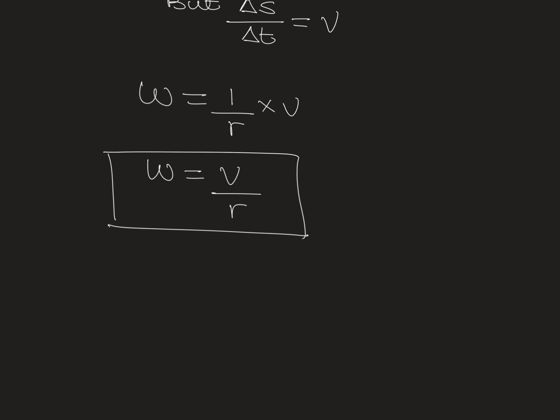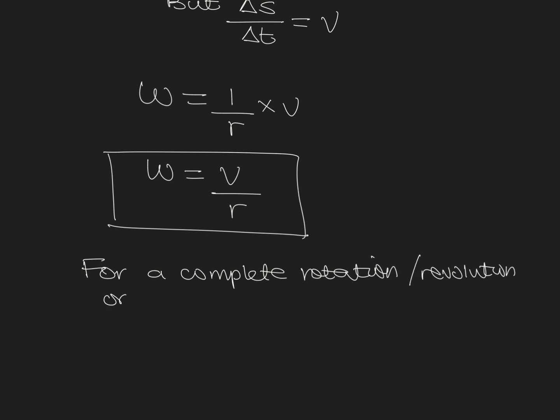Let's say the object in circular motion performs a complete rotation or revolution or even an oscillation. What will be omega then? So for a complete rotation, revolution, or oscillation.